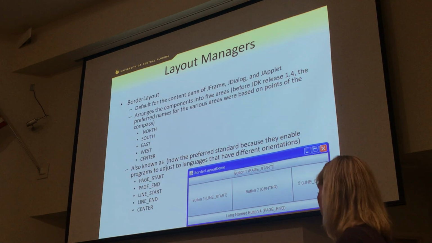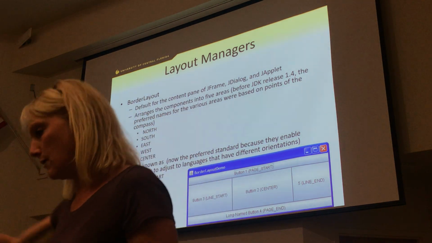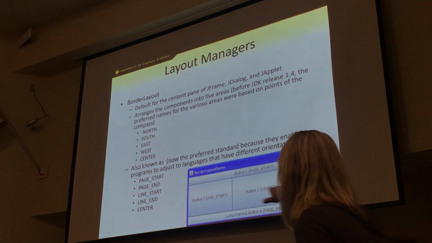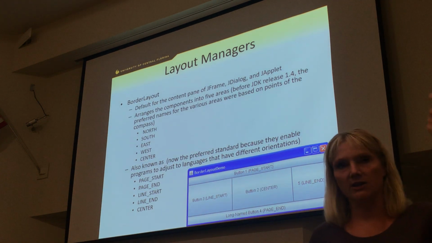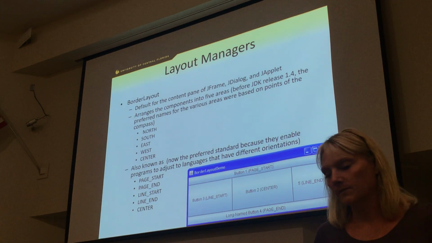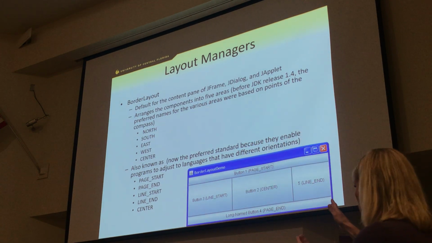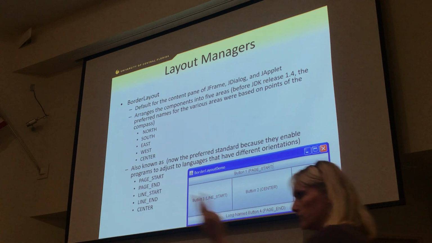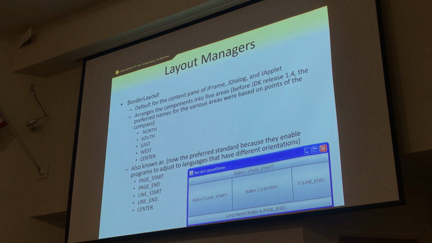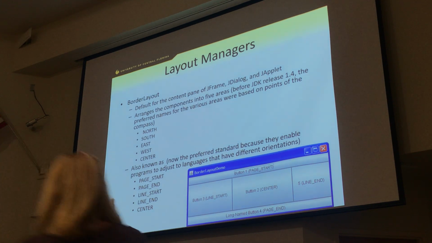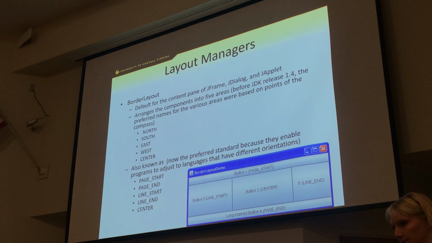The south, or page end, is where the code colors go for the code breaker. And then we have the middle for the code breaker attempt and the code maker's response. So when you're choosing line start, center, and line end to add those other 2 JPanels, you need to choose 2 that are side by side. So it either needs to be line start and center, or center and line end.